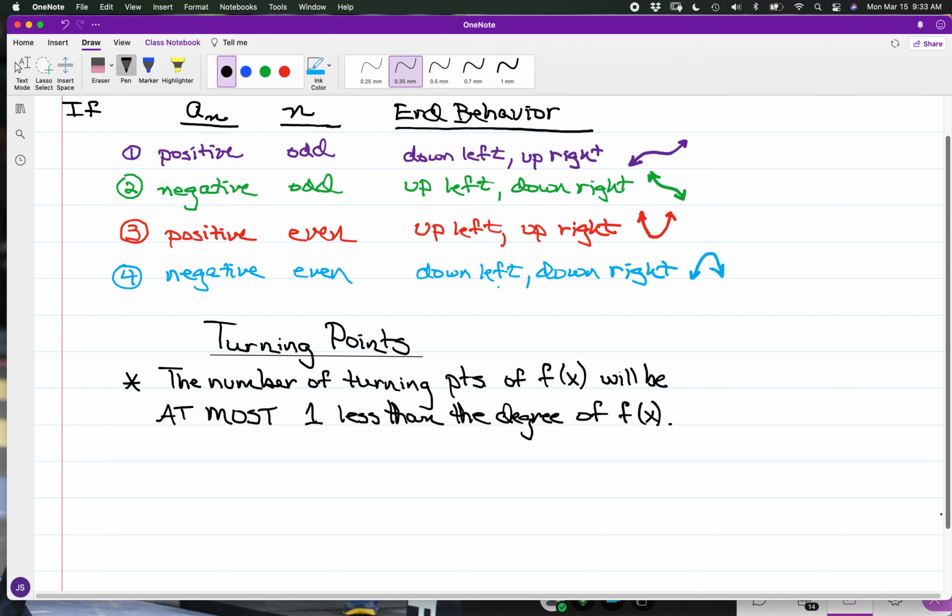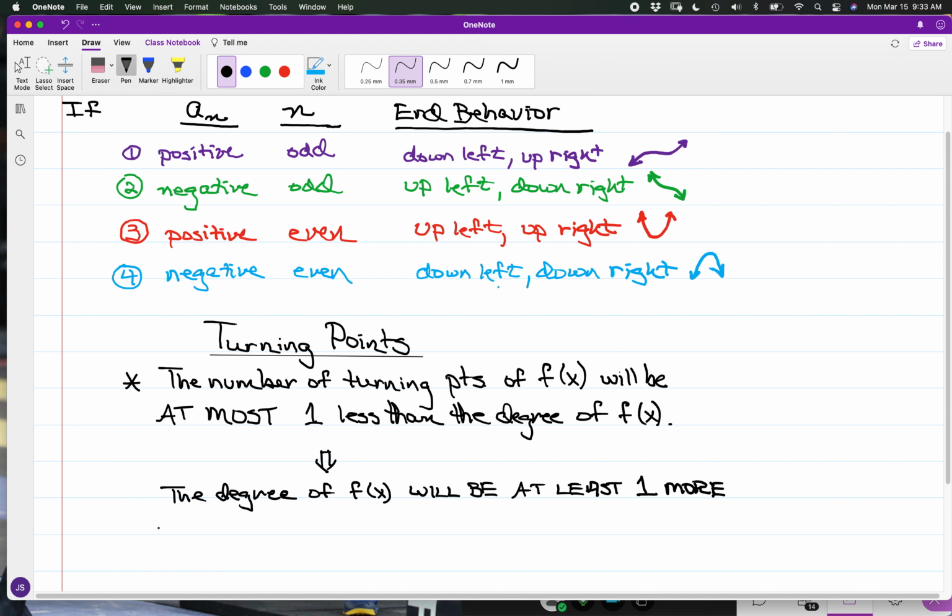And another way of saying this is that the degree of f of x will be at least one more than the number of turning points.